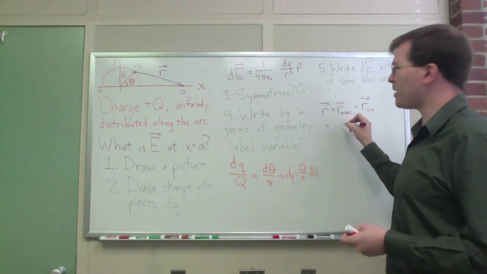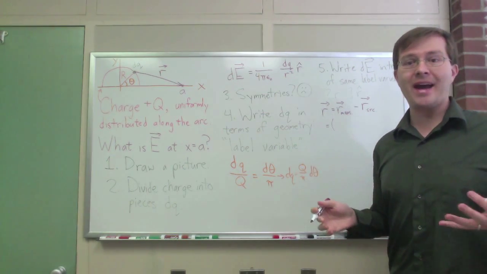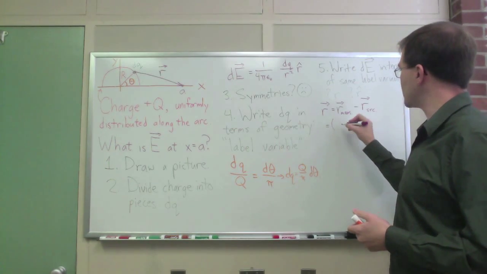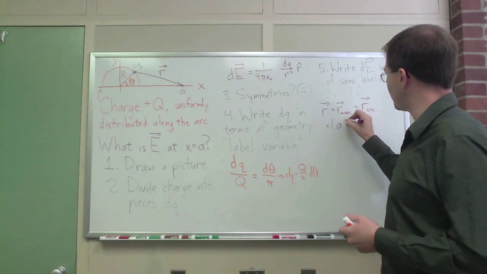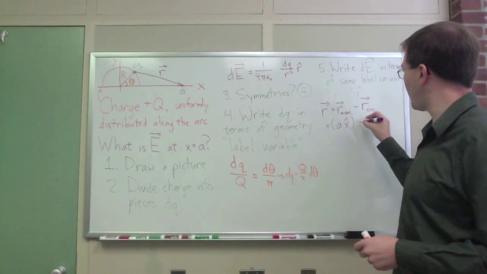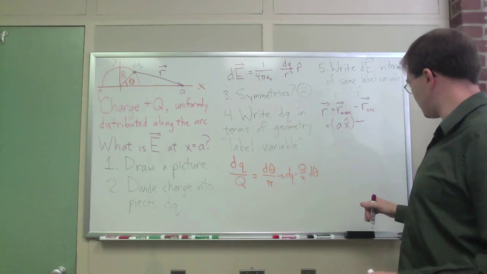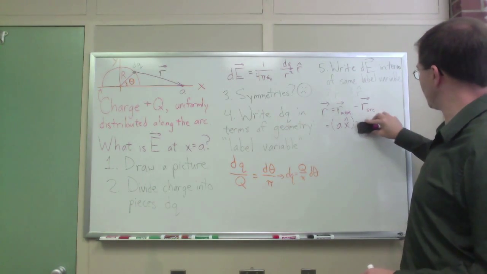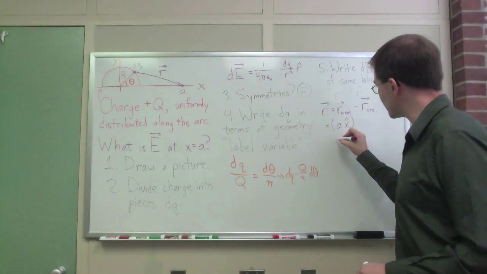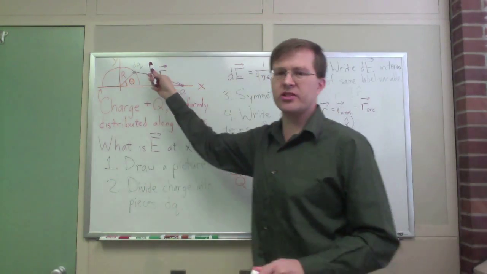My measurement point is a really simple thing. In x hat, y hat, z hat notation, it's just a x hat plus 0 y hat plus 0 z hat. So that's my measurement point minus, what is my source point? I'm not going to have room in this little space, so let me put this on the next line down. Minus my source point. Well, it's just a point on the circle, right?